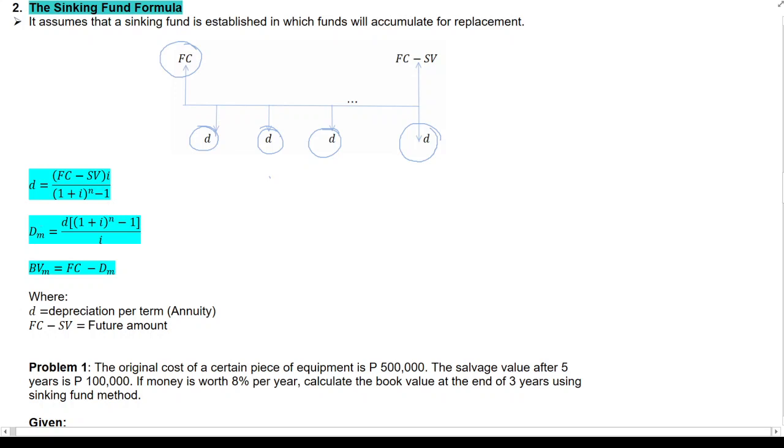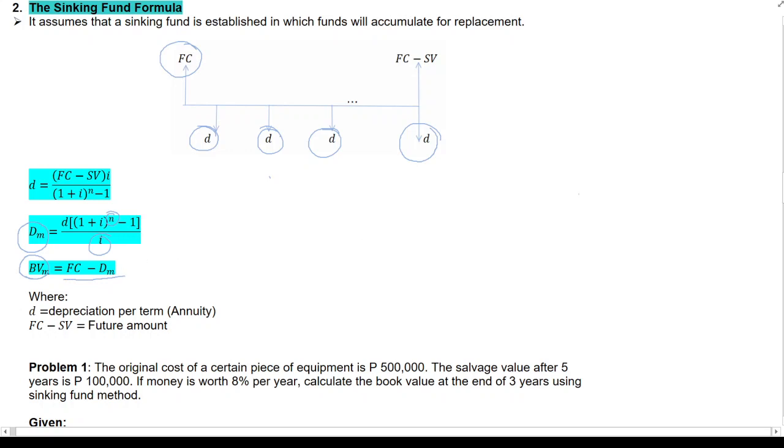For the depreciation at the nth term, that is equal to the depreciation multiplied by 1 plus I raised to the useful life, which is n, minus 1, divided by the interest. And the same with the book value at a certain period, that is equal to the first cost minus the depreciation at a certain term.